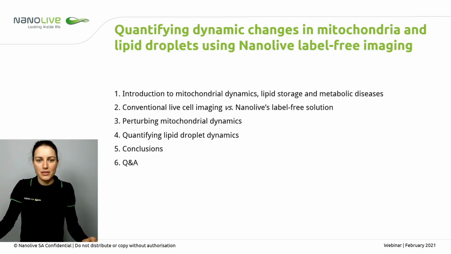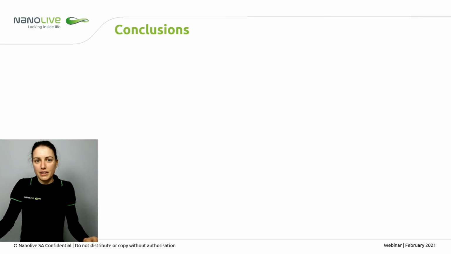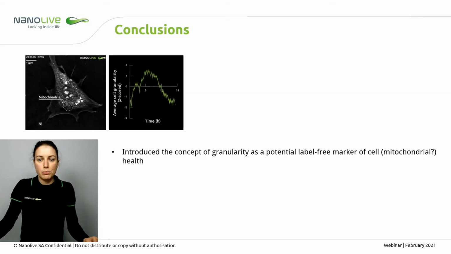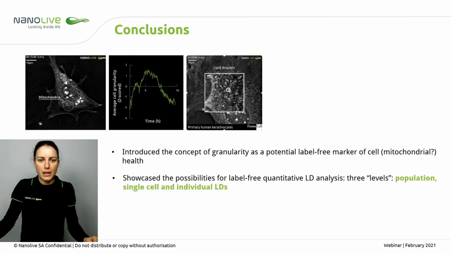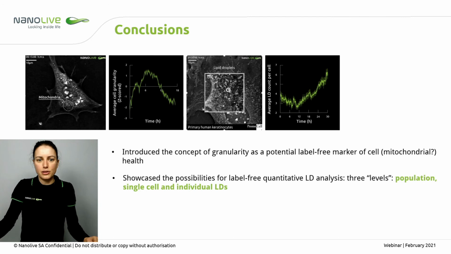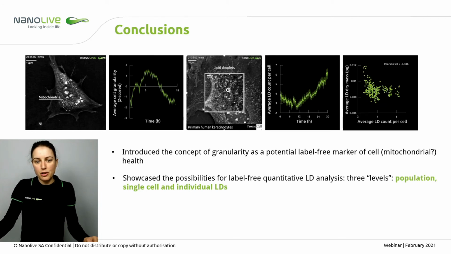So if we move on to some conclusions. In today's webinar, I've introduced the concept of granularity as a potential label-free marker of cell or possibly mitochondrial health. I've showcased the possibilities for label-free quantitative lipid droplet analysis at 3 levels: at the population level, at the single cell level, and at the individual lipid droplet level.